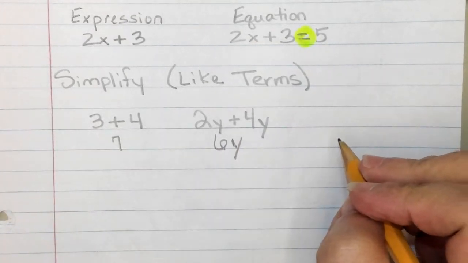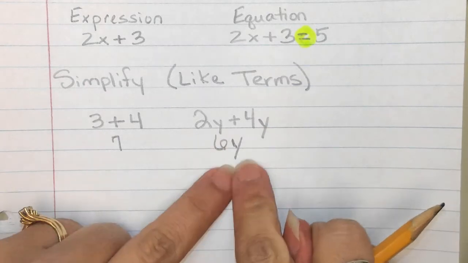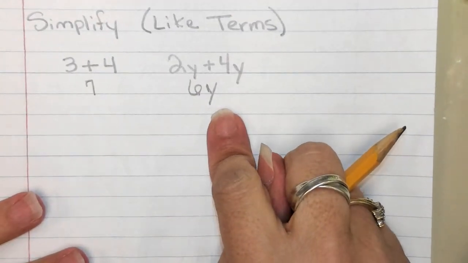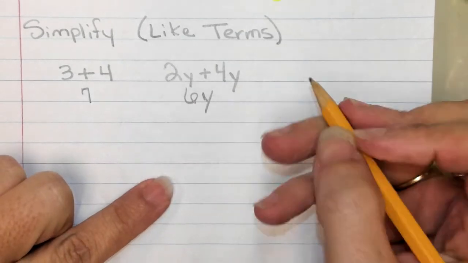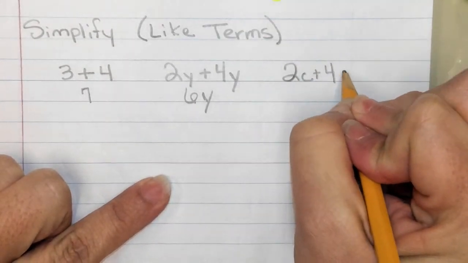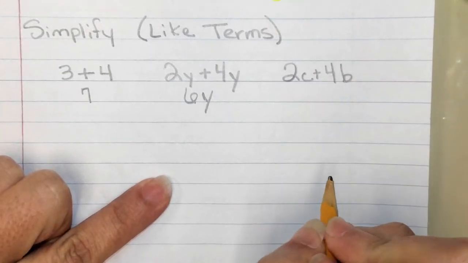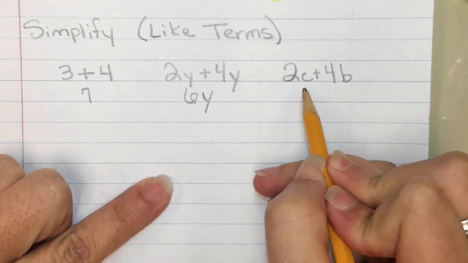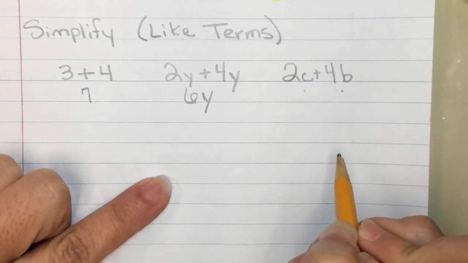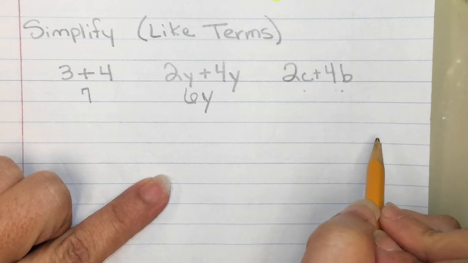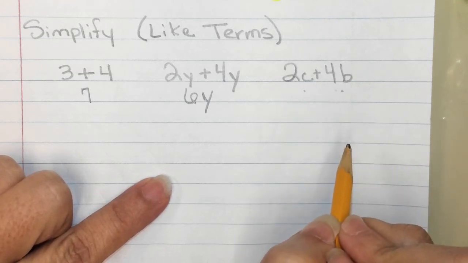Okay, the only reason we can put these two together is because they're both y. Now, if it was something like 2c plus 4b, we couldn't put it together. That is in simplest form, because a c is going to be different than a b. Two different numbers. We don't know them, but they're two different numbers. It's kind of the weird part.